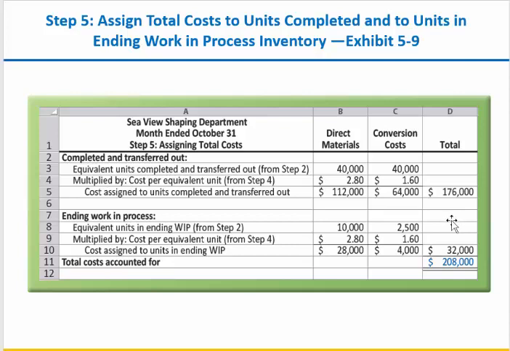Then what is the ending inventory balance that I need to put in my balance sheet? You add these two numbers horizontally, 28,000 and 4,000, and you end up with 32,000. So in your balance sheet, the 32,000 should be included in your inventory report.